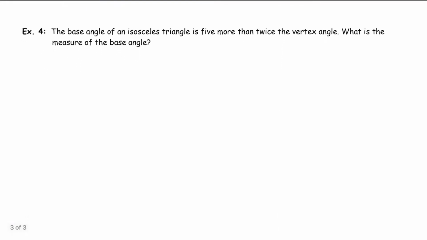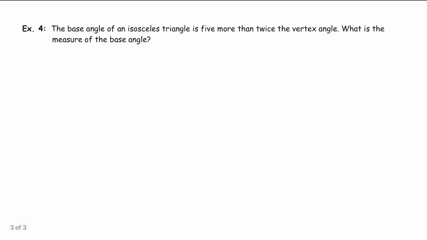Okay, and our last example. This is kind of a quick lesson because there's only so much I can ask on isosceles triangles. So the base angle of an isosceles triangle is 5 more than twice the vertex angle. What is the measure of the base angle? So again, what I'm going to do is sketch an isosceles triangle. The base angle is 5 more than twice the vertex angle.